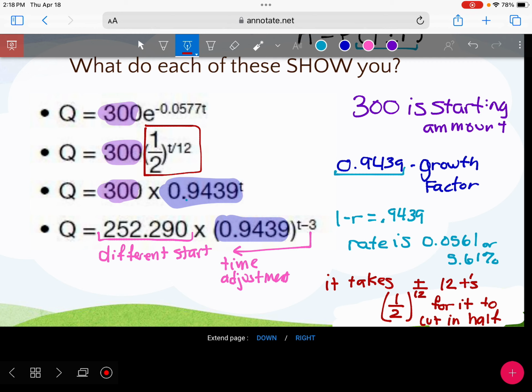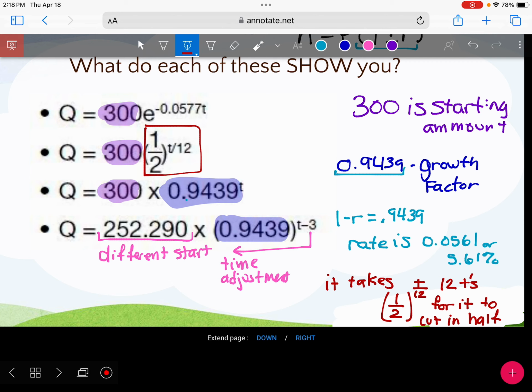And that was what they wanted us to see out of B. That the half-life means it takes 12 years for it to cut in half. It decays by 5.61% per year. We've got a 300 starting amount.